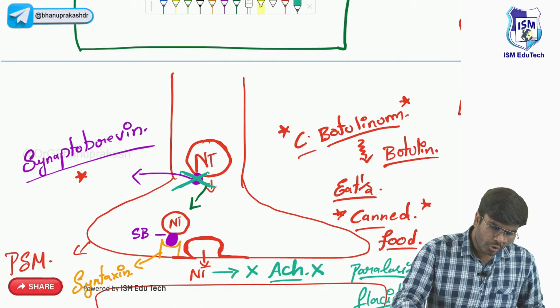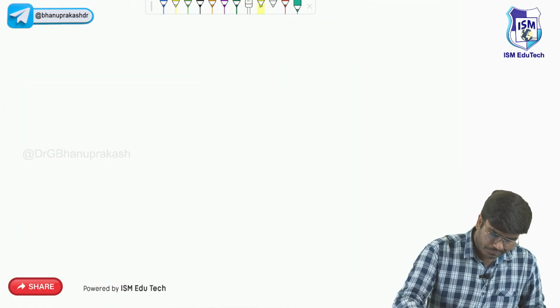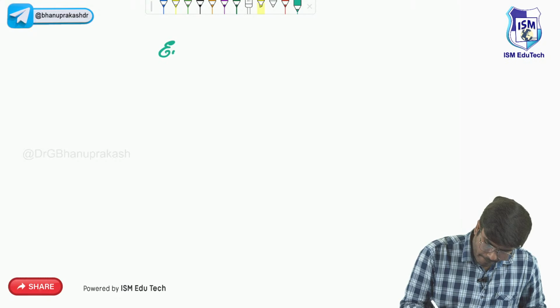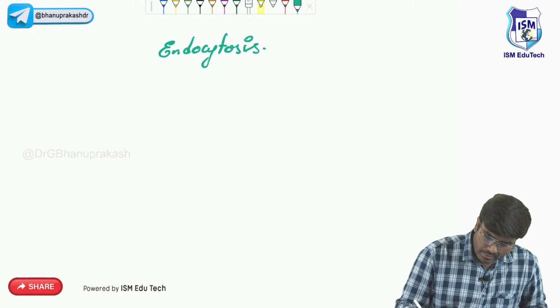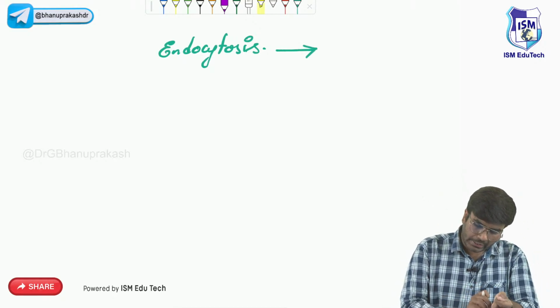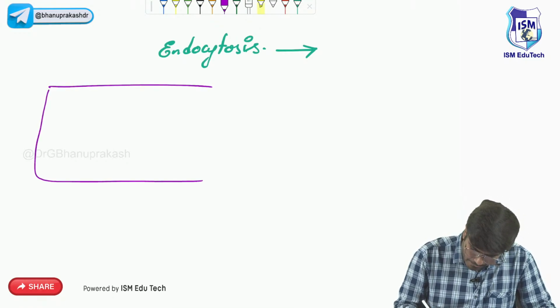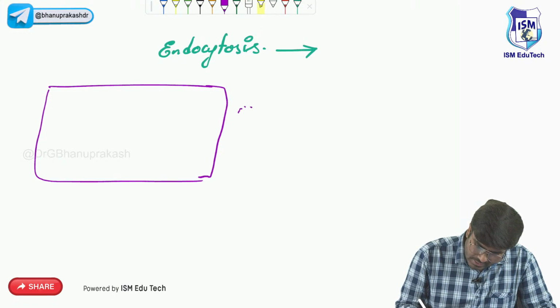And for endocytosis, you again need a different type of proteins. What exactly is endocytosis? Imagine this is a cell. Outside there are certain substances present.